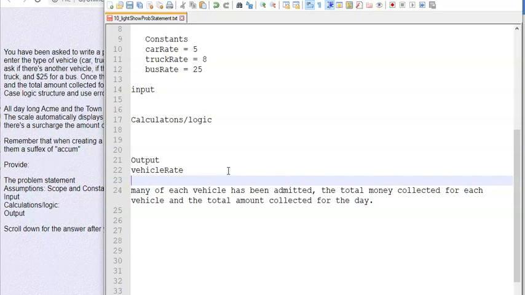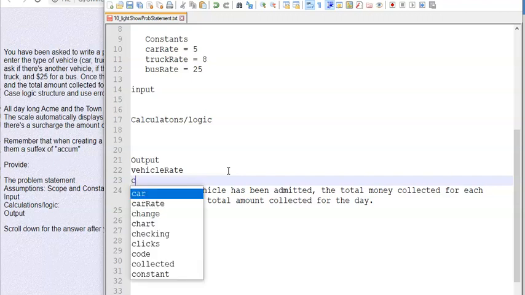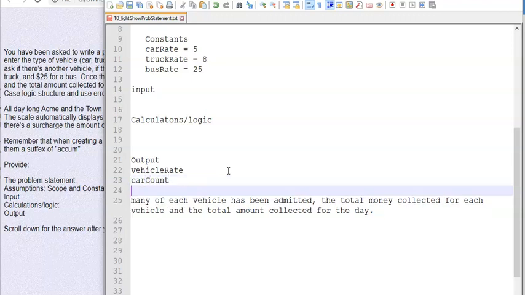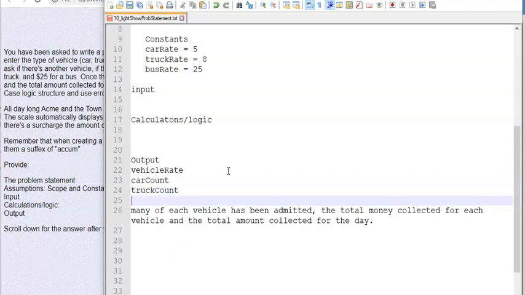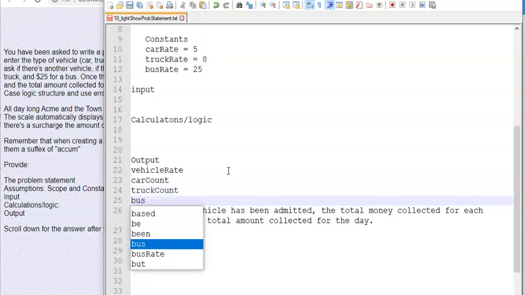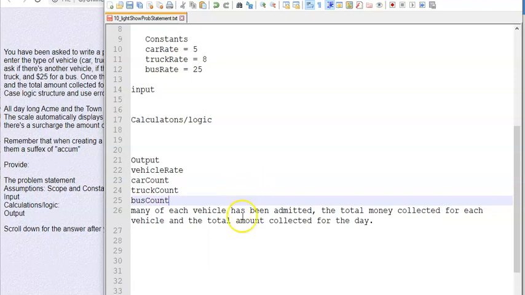They're going to come in one at a time, which means we have to use a counter. So we're going to have car count, and we're going to have truck count, and we're going to have bus count. And that's going to tell us how many vehicles were admitted. And then we have the money collected for each, the total money of each vehicle type.